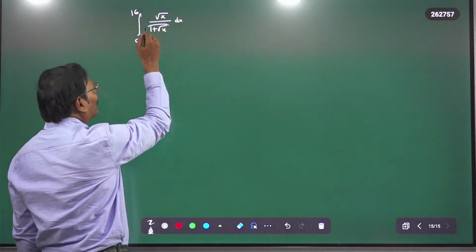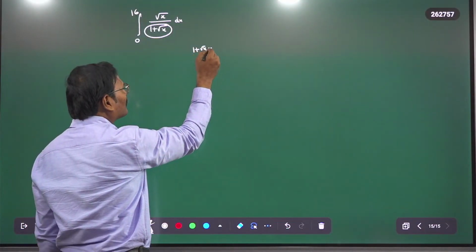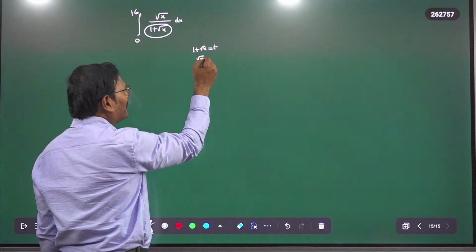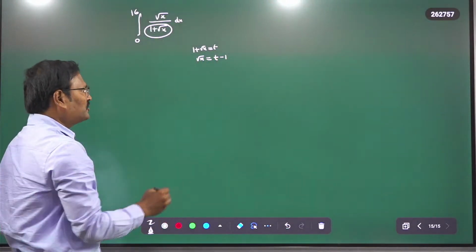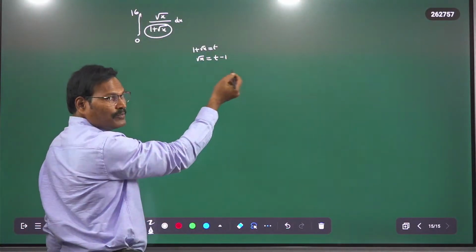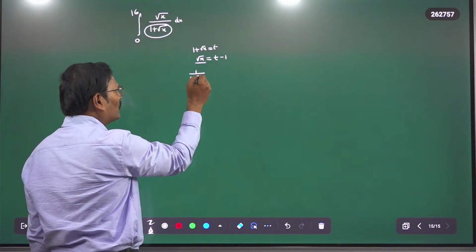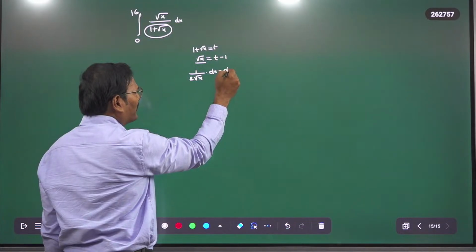So I am taking 1 plus root x as t. From this we can write root x is equal to t minus 1. Differentiate with respect to x both sides. Root x derivative is 1 by 2 root x into dx. Derivative of t means dt.